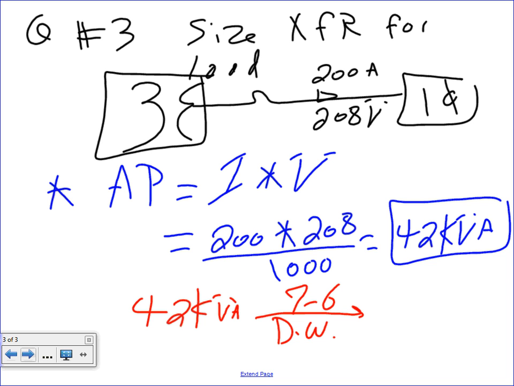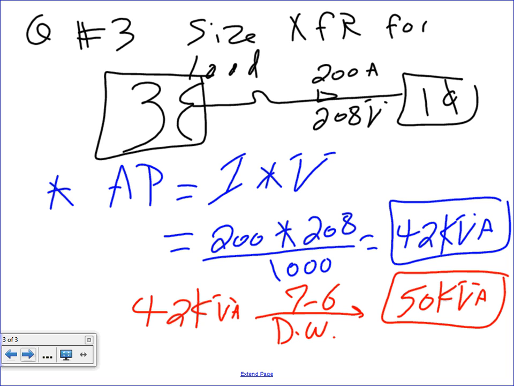You don't even need to worry about the voltage. Look at the first column. You go from 25 to 37.5 and all the way to what? 50. Everybody can see 50? Single phase, 7-6. So this will be a 50 kVA transformer.